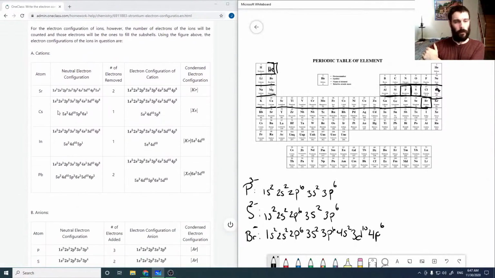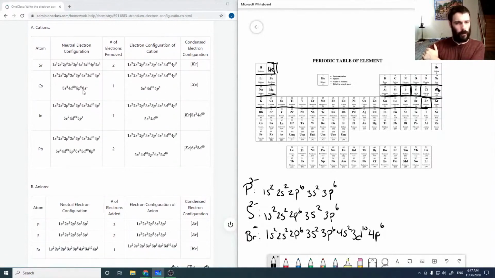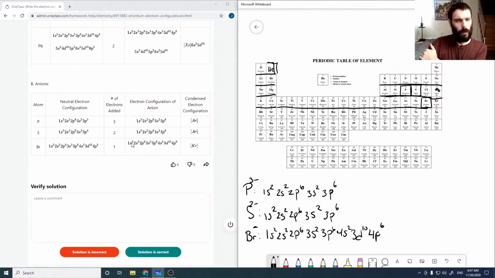If we look back, these are the configurations we have for our strontium, our cesium, and our indium. The lead here is missing the F block, so that's not so great.